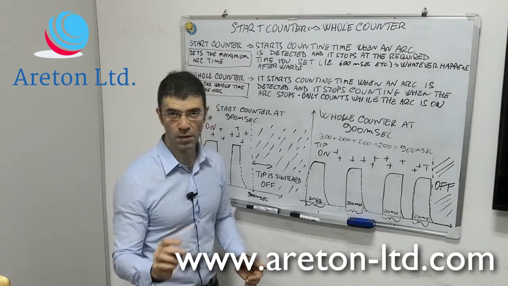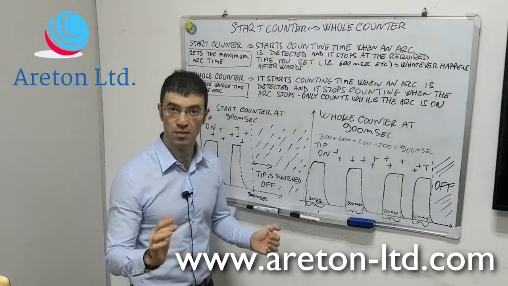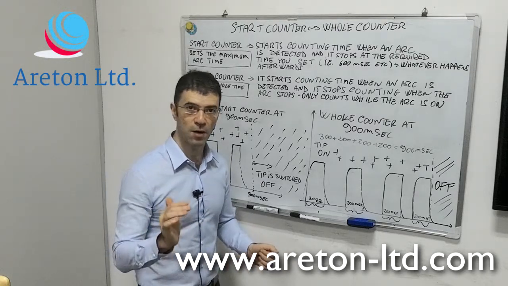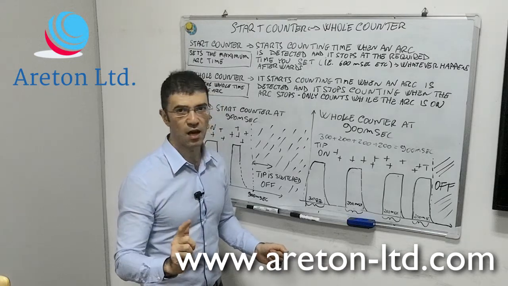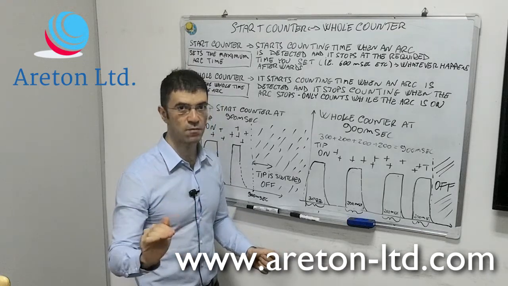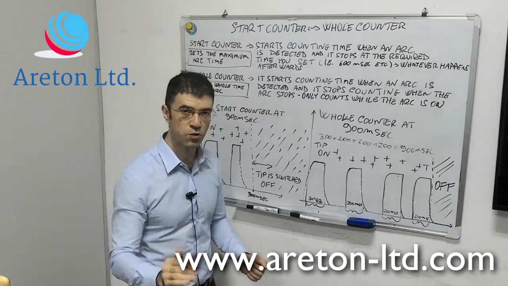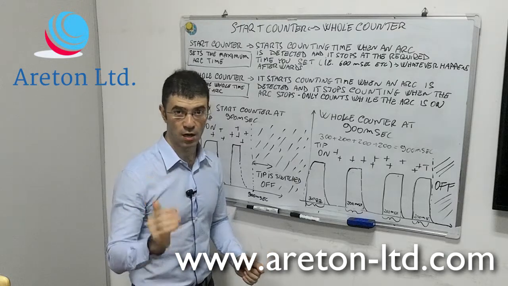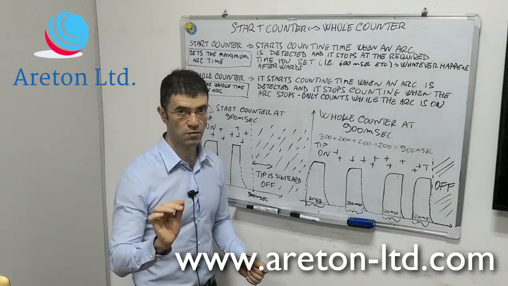It may be 1 millisecond, 2 milliseconds. The device does not really care. All it cares about is, have I seen an arc? Now I'm starting to count, and then I will stop counting exactly after those 900 milliseconds. That's very important.